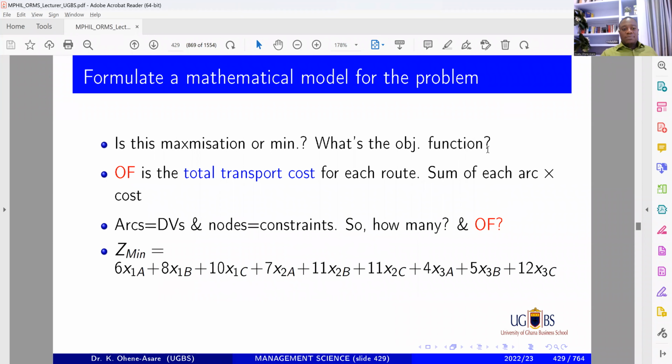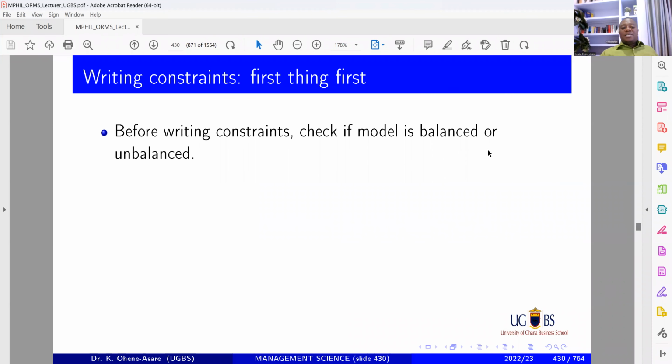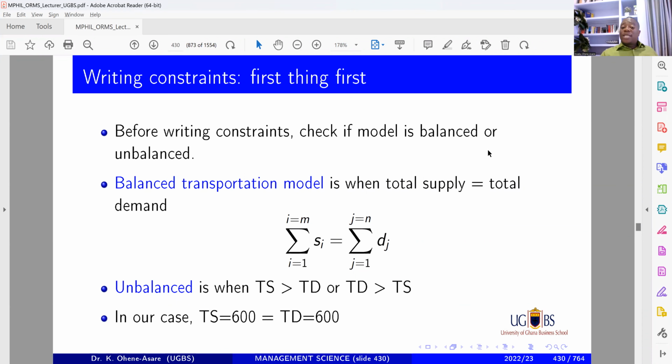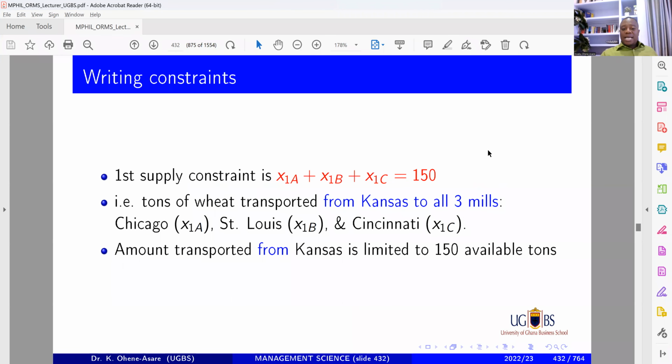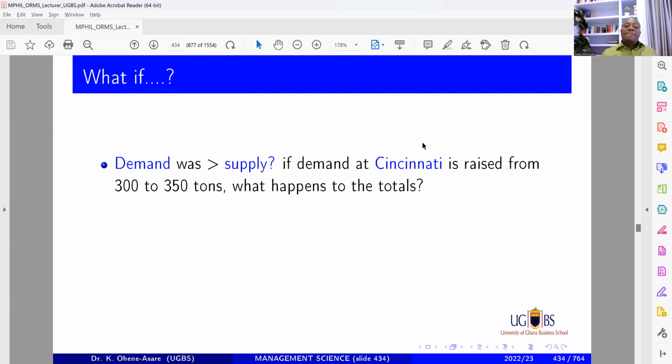So look at this. You always check the total before you determine whether it's balanced or unbalanced. Now, if demand was more than supply, that was his question. Suppose that one of the items, Cincinnati, was the last one, the last node 6.